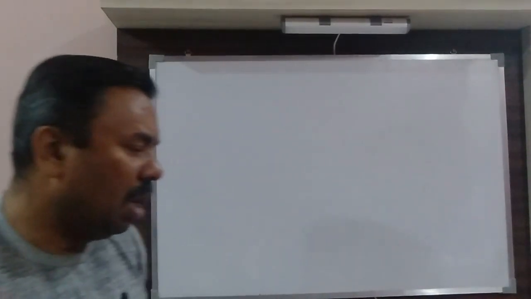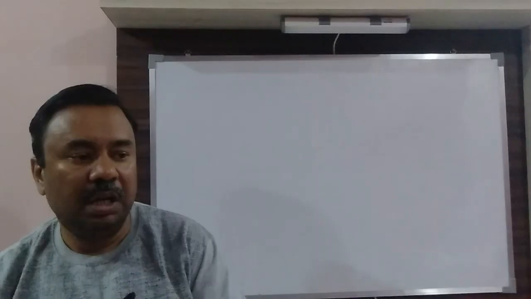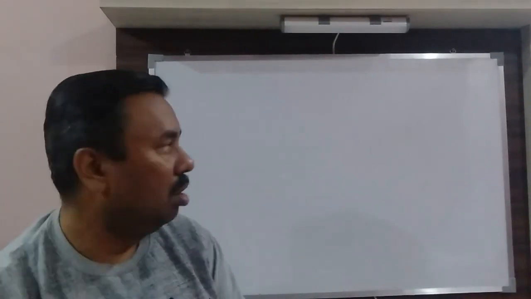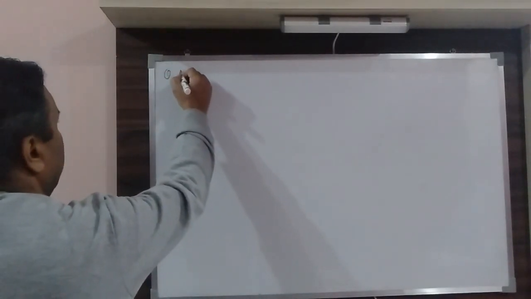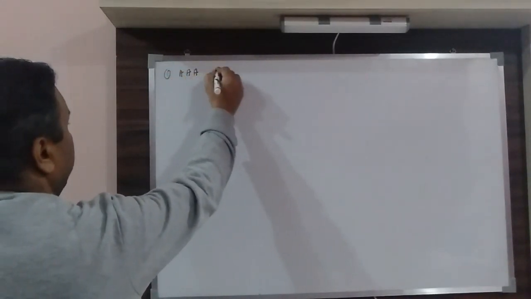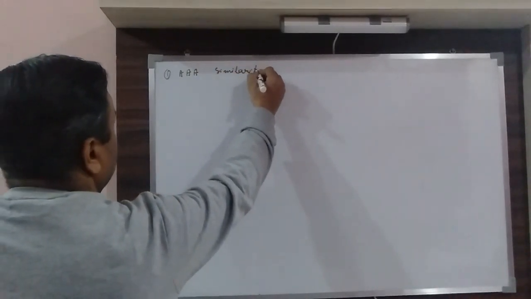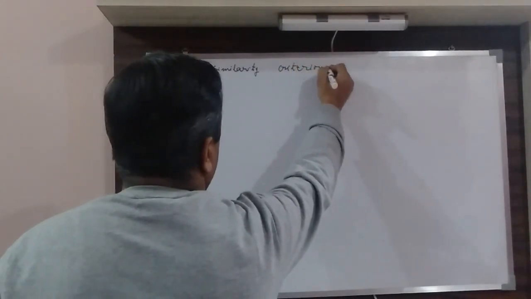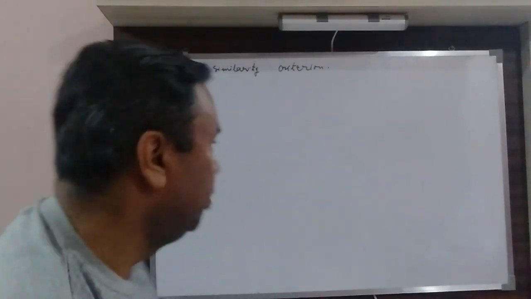Okay. Now I will move on to the rules or the criteria that you can check to decide whether two triangles are similar or not. So first is the AAA similarity criterion. What does it mean?